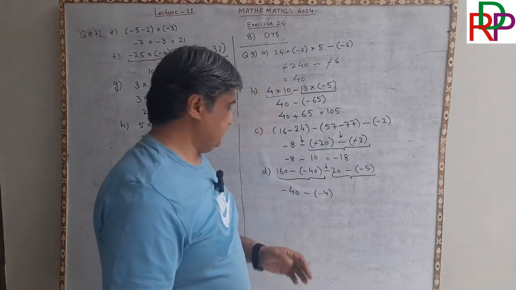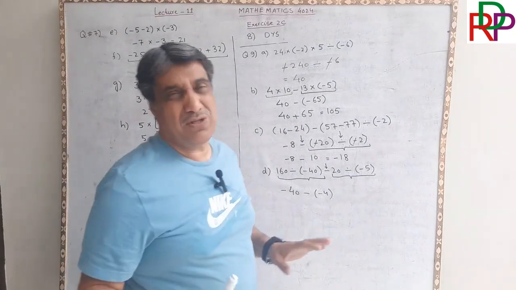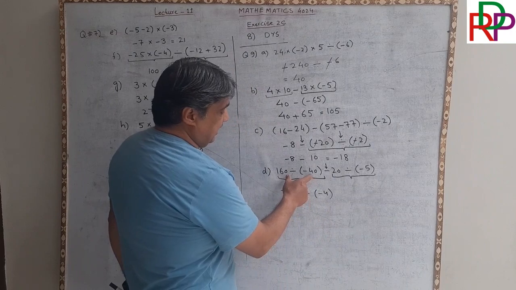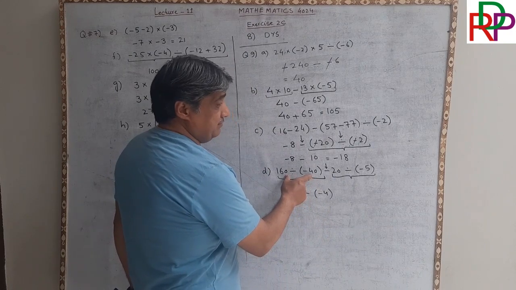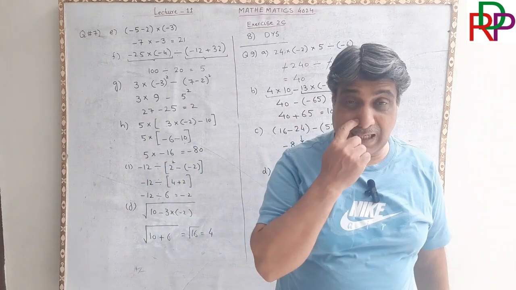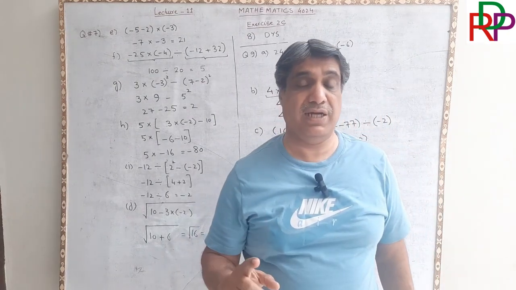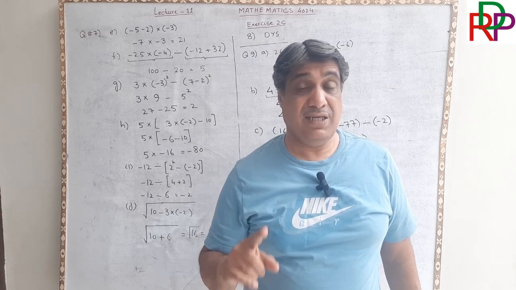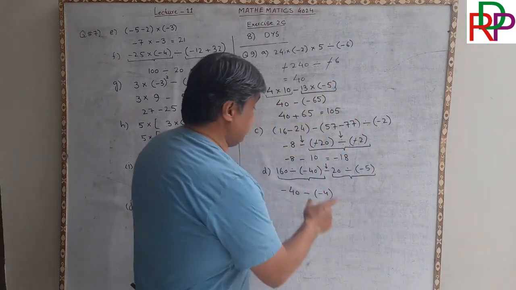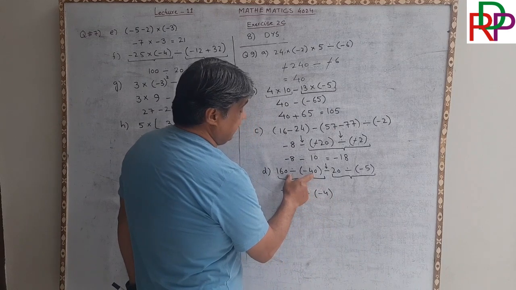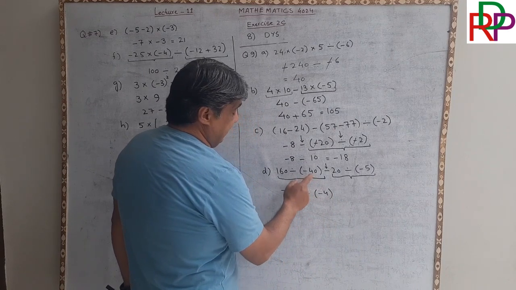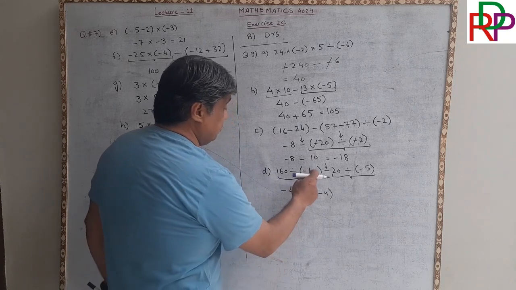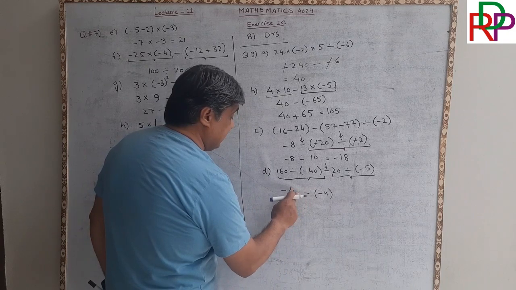Ladies and gentlemen, one thing I want to say here, that whenever you are doing any calculation, if it is allowed in the paper, do it on the calculator. This is my experience: you can see I did it by heart and I wrote 40, but when you do it, it is 4.